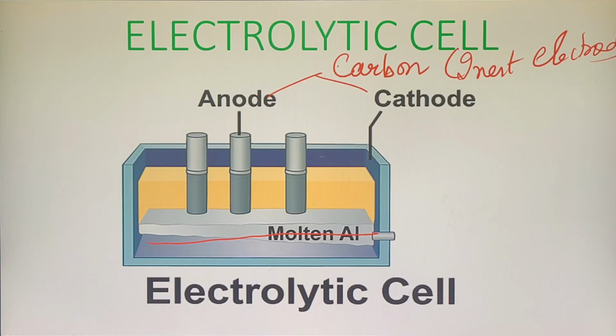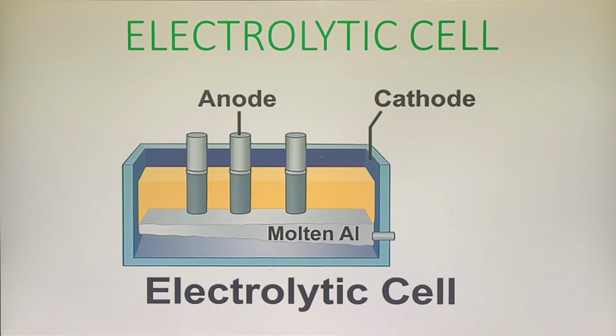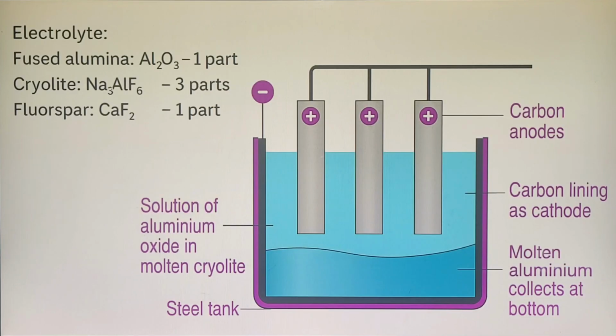My whole container has become the negative terminal, that is the cathode. And I have put rods here for the anode, which are again made up of carbon. So this is the basic setup for electrolytic reduction.